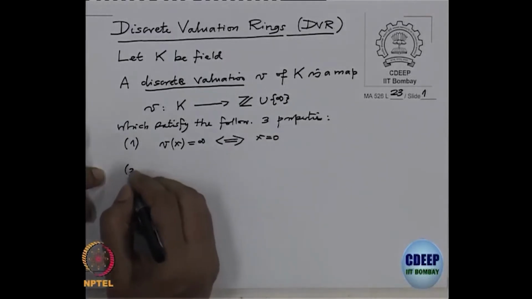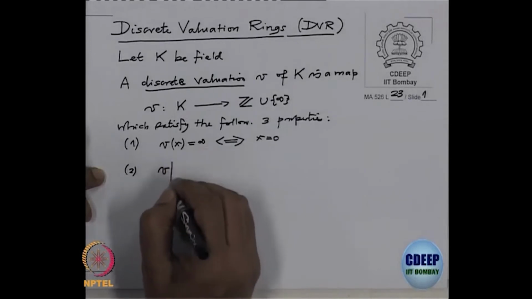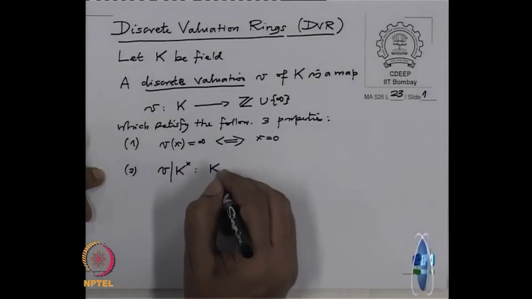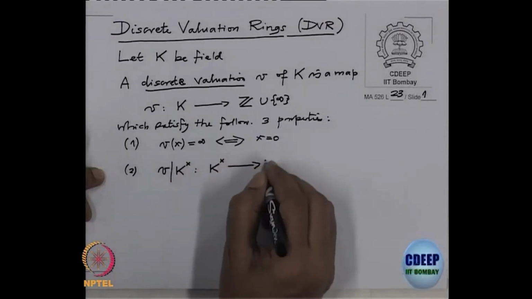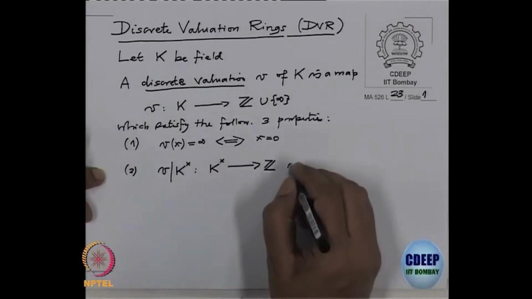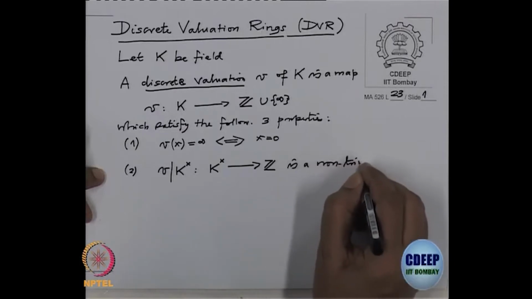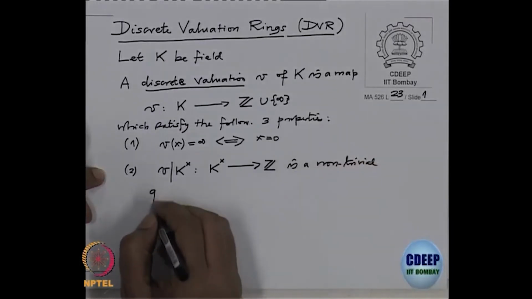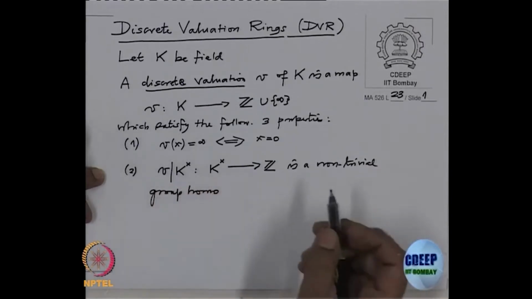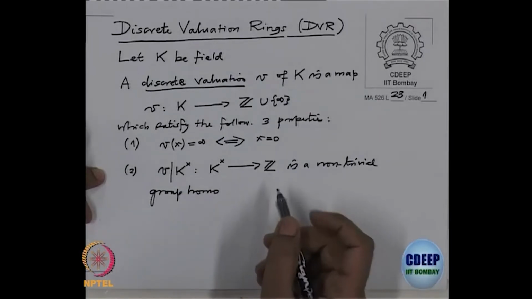Two, if I restrict V to K cross, so it is a map from K cross to Z, this is a non-trivial group homomorphism, where K cross is a group under multiplication and Z is a group under addition.